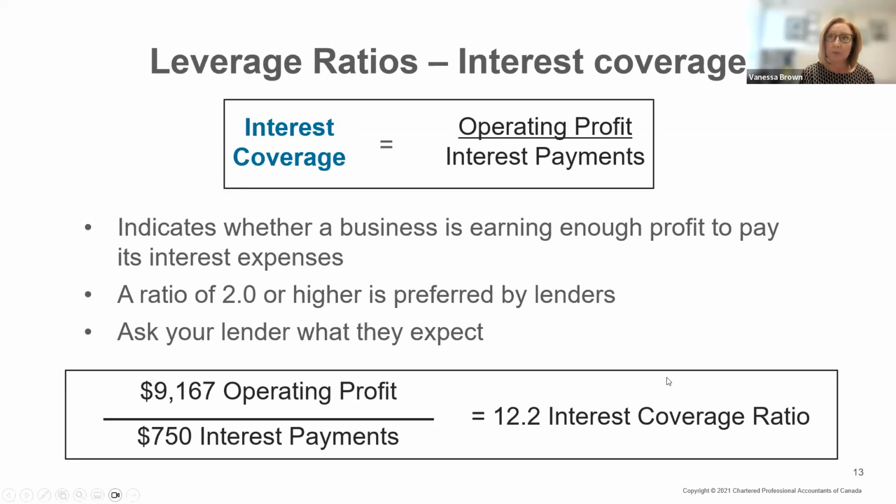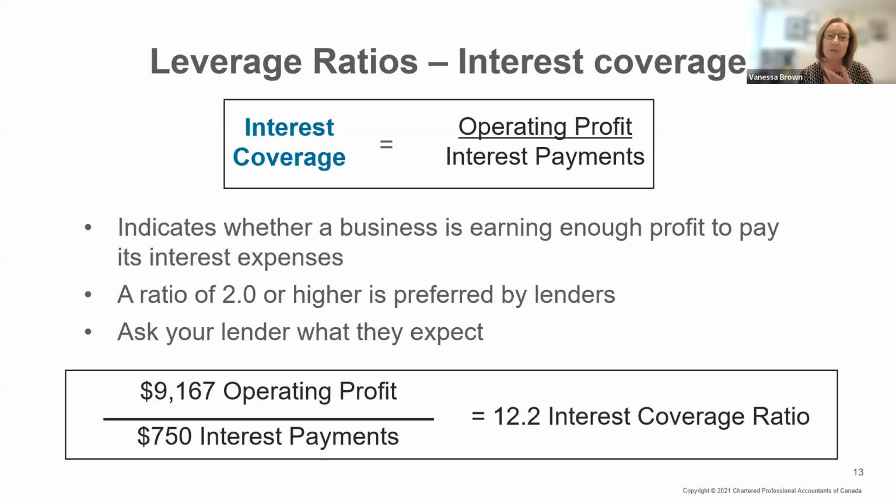Another leverage ratio is that interest coverage. We want to take a look at how able the business is to pay the interest cost. A lot of line of credit facilities will require only the interest to be repaid. So these are good for startups where all of the money is going into the capital and the people and getting everything up and running without the commensurate sales, and when you're growing those sales.